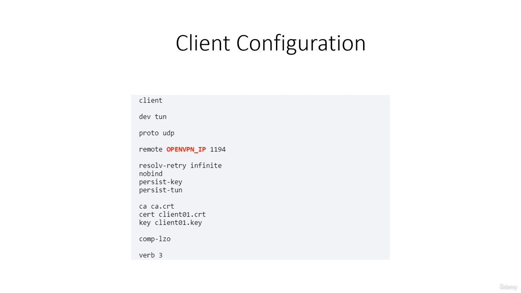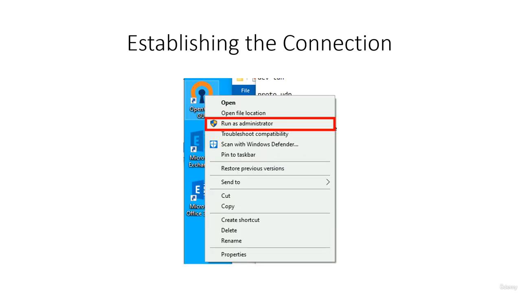Then we need to establish the connection. It will create a desktop shortcut, so simply run as administrator. Make sure you always open the OpenVPN GUI software as an administrator, because that will have root access or administrator rights.